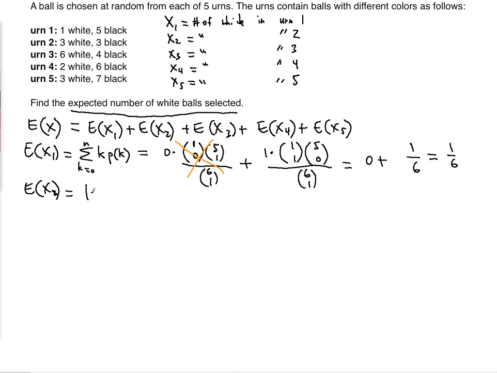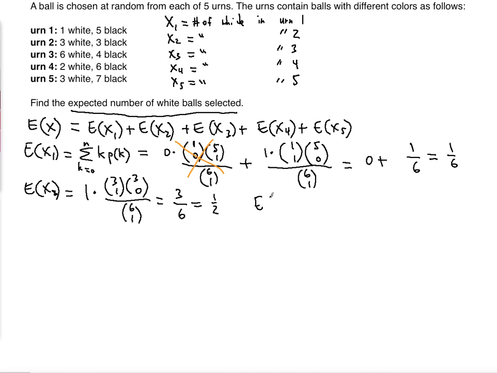So that's going to be 1 times, now here we don't have 1 white ball, we have 3 white, so we choose 1 out of 3 and 0 out of the black, divided by how many balls in total? 6, choosing 1 out of the 6. That's going to be 3 over 6, because everything else is 1. 3 choose 1 is 3, 6 choose 1 is 6, so 1/2.